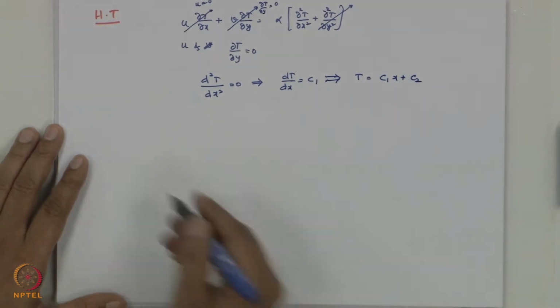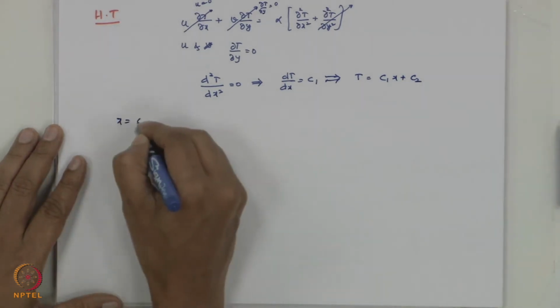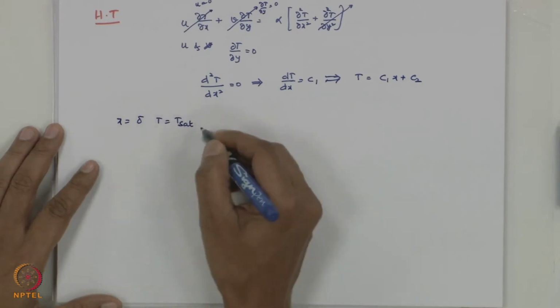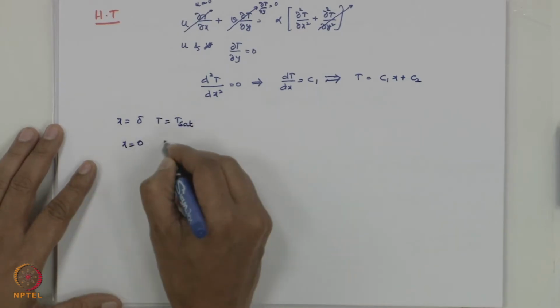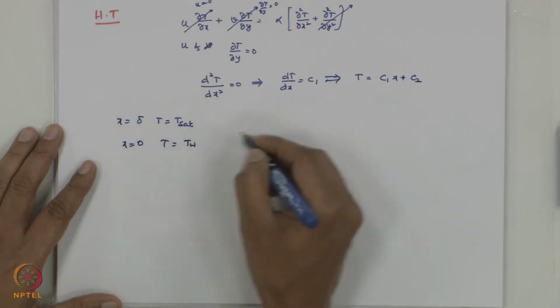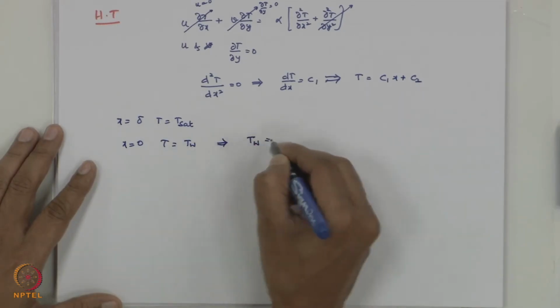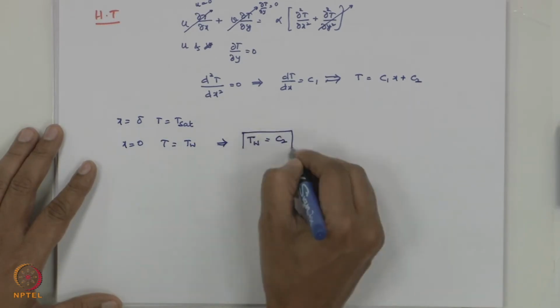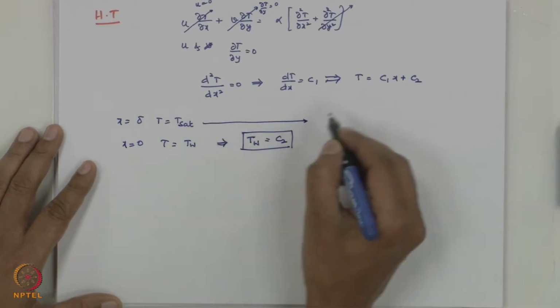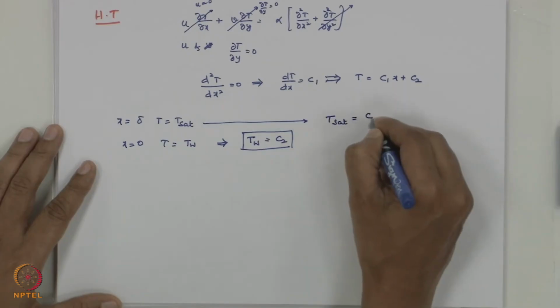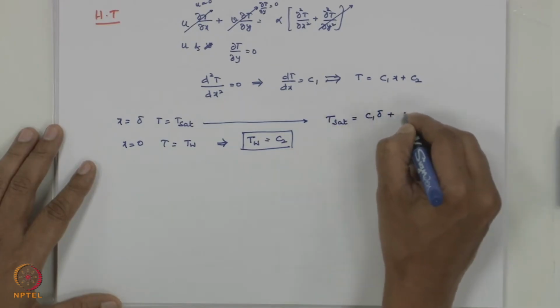So now what are the boundary conditions? At x equal to delta, T equal to T sat, and at x equal to 0, T equal to T wall. So at x equal to 0, T wall equals C2. Now this implies T sat equal to C1 into delta plus T wall.